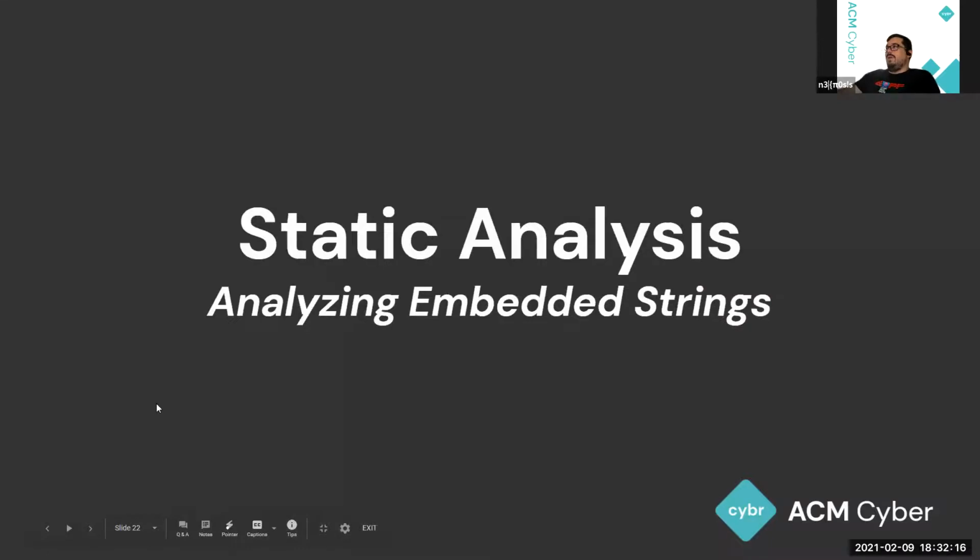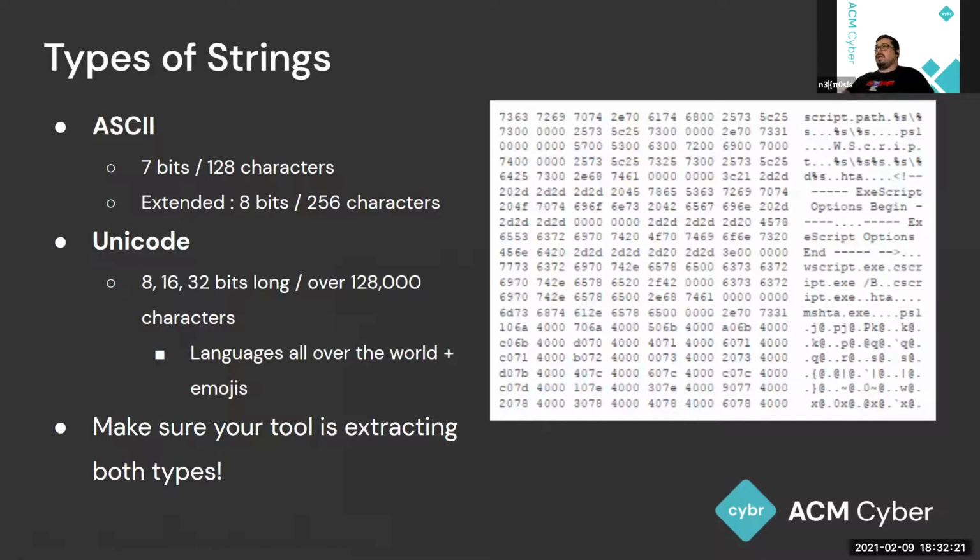All right, so embedded strings. I could have done this one at the same time. Types of strings: we've got ASCII, which everyone in computer science would be familiar with. Unicode is also very popular in Word documents and the internet.